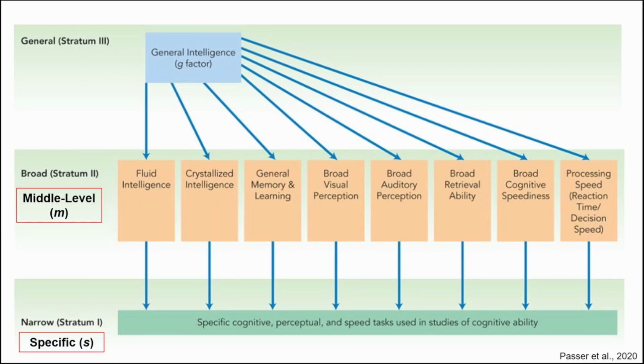And if we look across, these are the 8 things, more or less, that were just on that previous slide. And as per usual, I don't need the specifics of what it means to have good broad retrieval ability, but more of fluid and crystallized intelligence that we're focusing on. And maybe if I tell you that somebody is really focused on one that doesn't overlap between them, maybe we're going to look at broad visual perception.